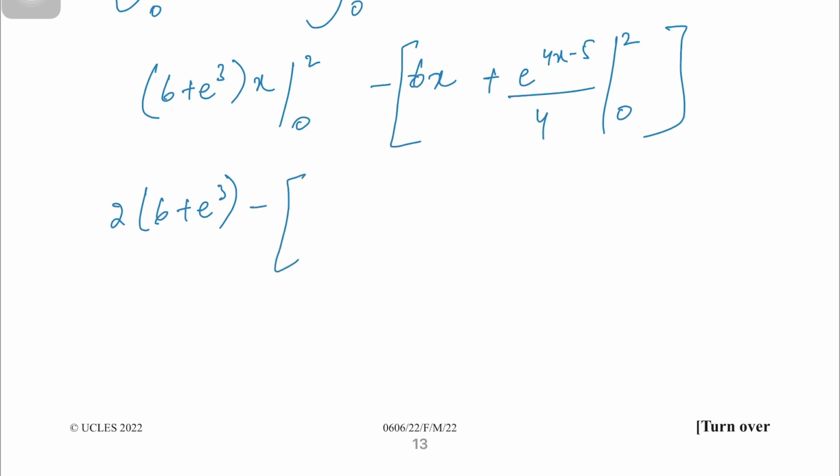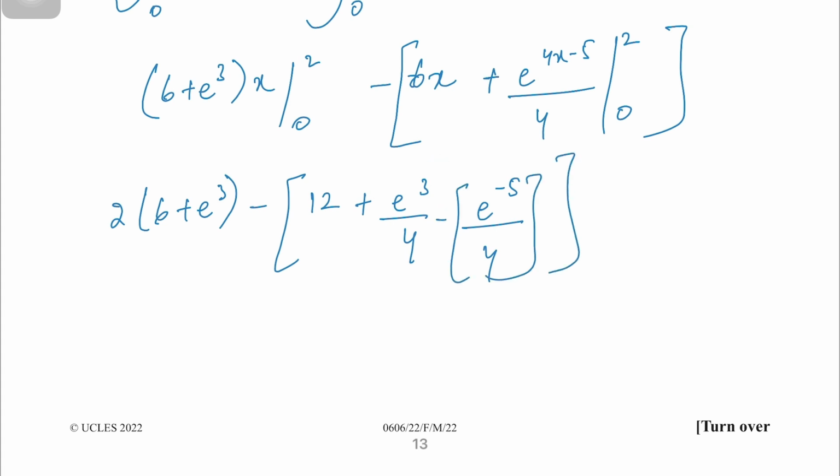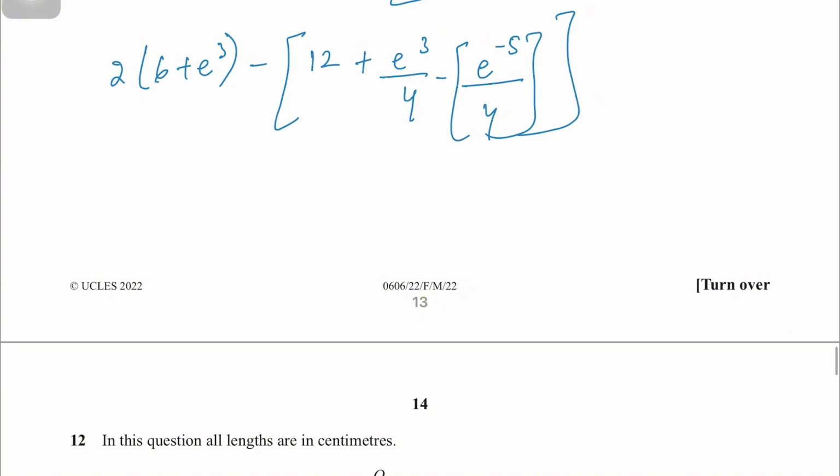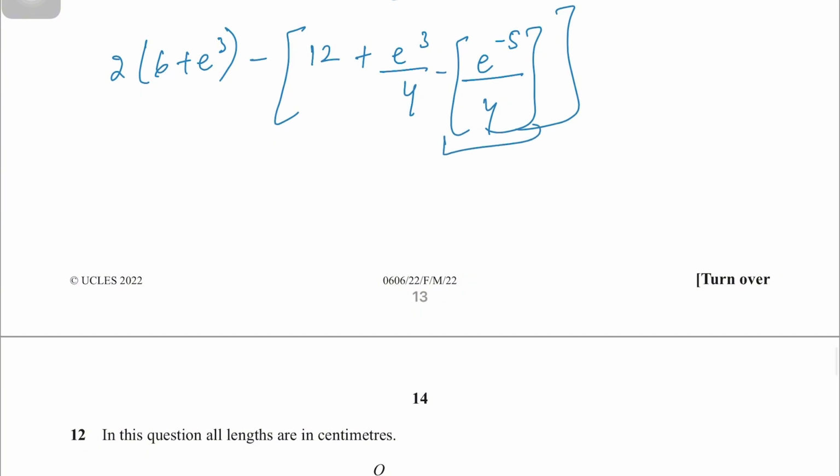Then we get our answer here as 6 multiplied by 2 is 12. Then this would be e cubed over 4. Then this is 0, and then this here would be negative e powered negative 5 over 4. This would be negative, since the lower limit is applied over here.